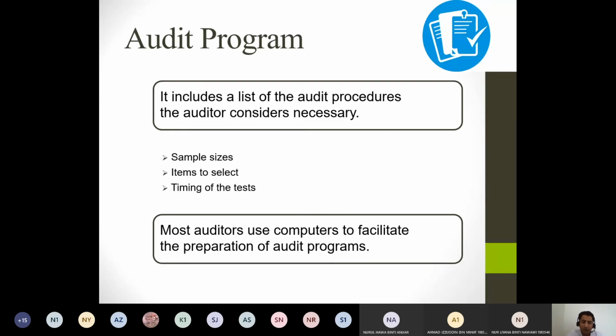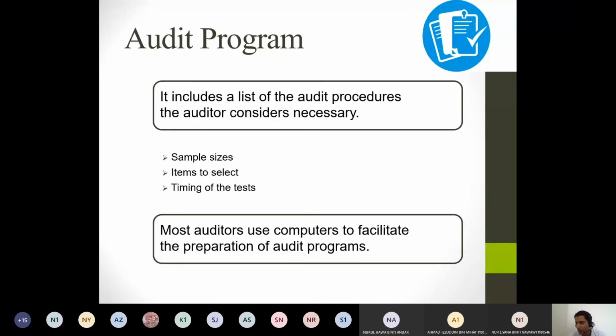And later on, we will see these three items: the sample size, items to select, and timing of test, in the next chapter when we discuss the audit plan. So bear in mind those three items, which shape the audit program or the audit action plan. Next, most auditors use computers to facilitate the preparation of the audit program.